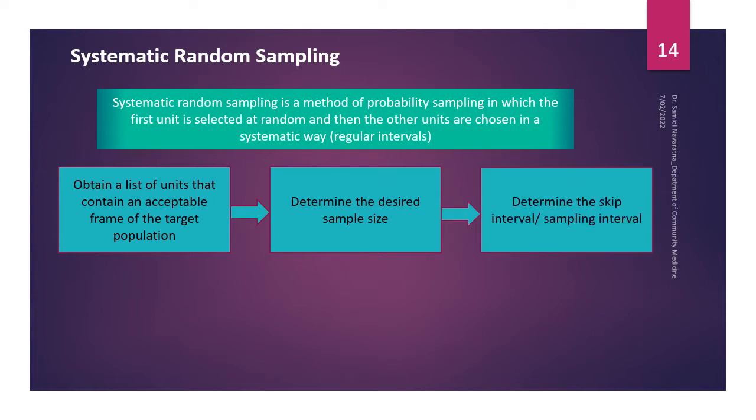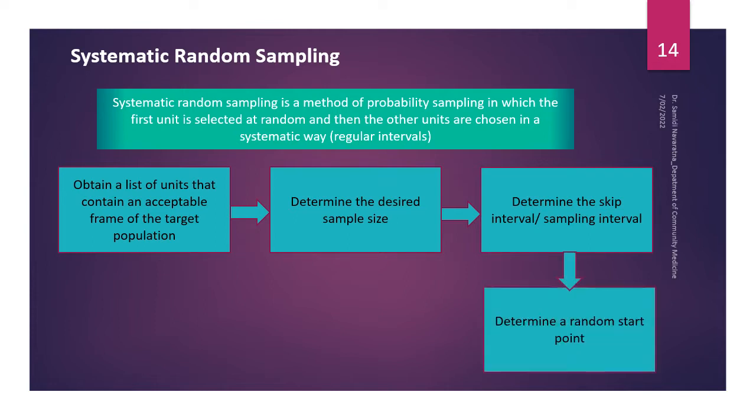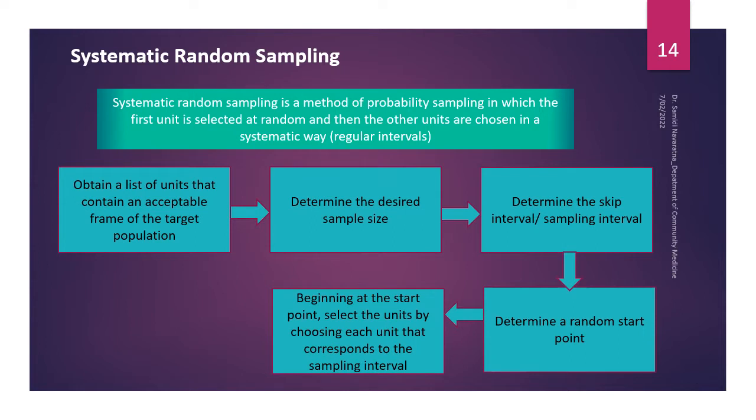And then determine the skip interval or the sampling interval, and then determine a random start point, and then beginning at the start point, select the units by choosing each unit that corresponds to the sampling interval.